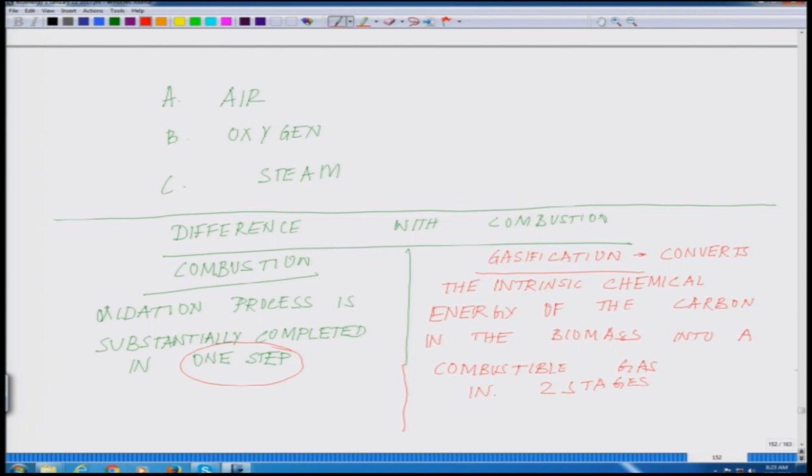Okay. So, this is the basic difference. If we have to highlight a part, this is where the basic difference comes.